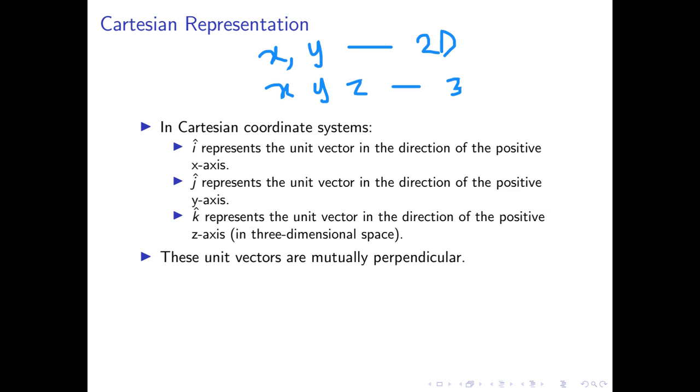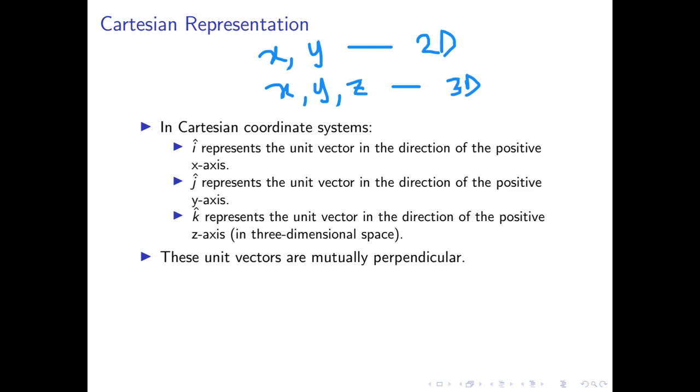Suppose we want to do it for three-dimensional space which has X, Y, and Z, we're going to be using unit vector i, unit vector j, and unit vector k in our Cartesian coordinate system.